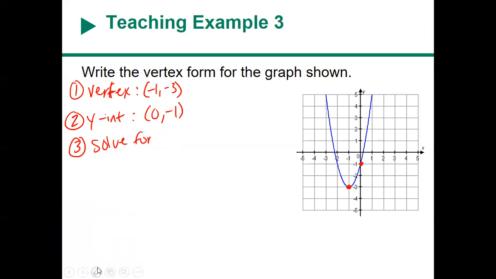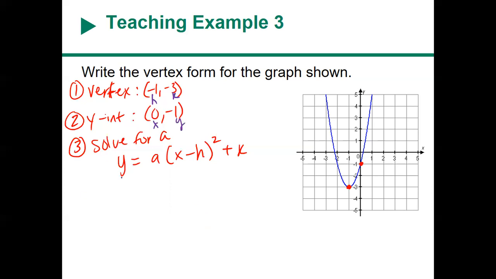And to solve for a, we're going to use our vertex form. So we know that y equals a times x minus h squared plus k. We're going to take the information that we have and plug it in and solve for a. So we have our h, our k, we have an x, and we have a y.